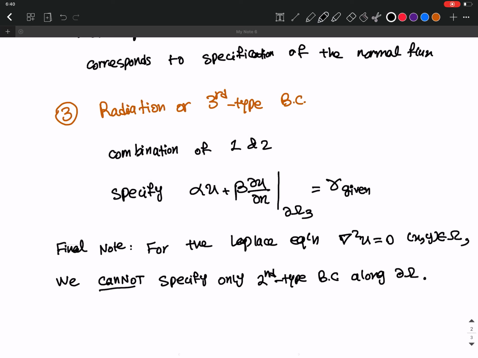And you can investigate it yourself. So as a practice problem, you can explain why this is the case.